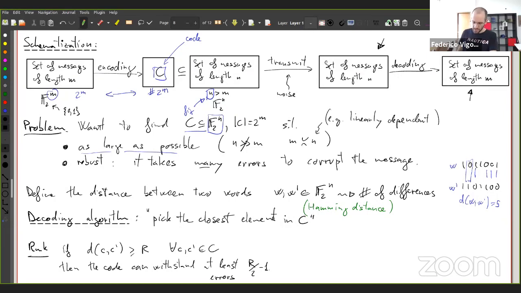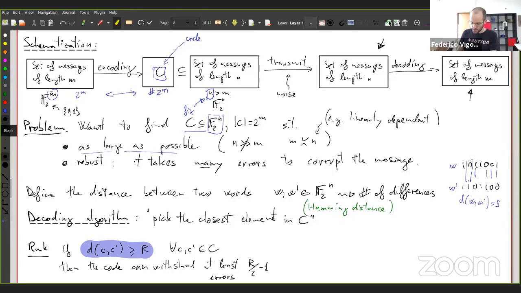That is, if you make at most r/2 minus 1 errors, then the decoding algorithm is going to recover the correct message, assuming that the distance between any 2 points is at least r.